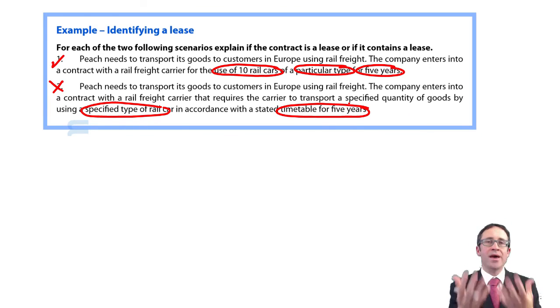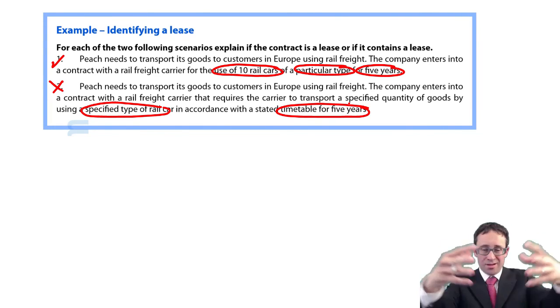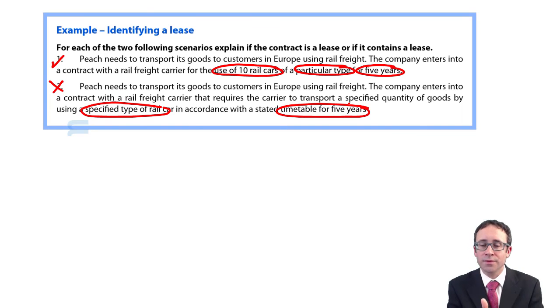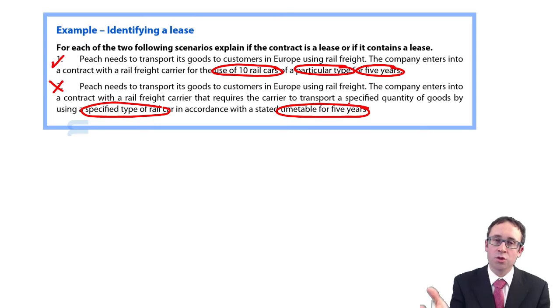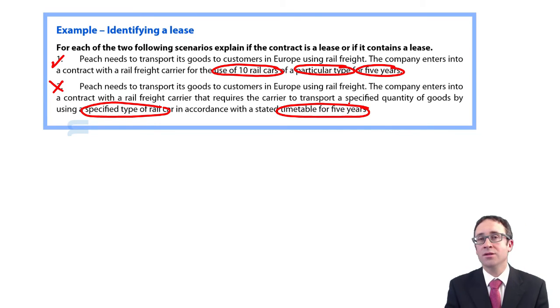We don't get the benefits from all of the rail cars, do we? We only get a benefit from the ones that we actually use. The supplier has a huge fleet of rail cars, and therefore there are substitution rights because they can swap one rail car for another whenever they see fit. They put one rail car in the timetable one week and then another one the week after.